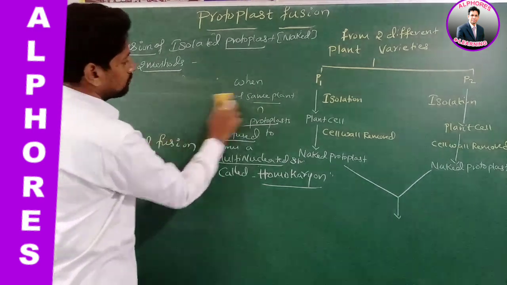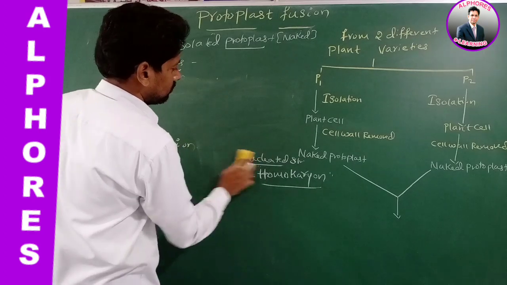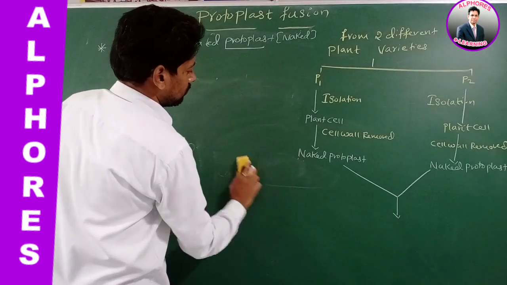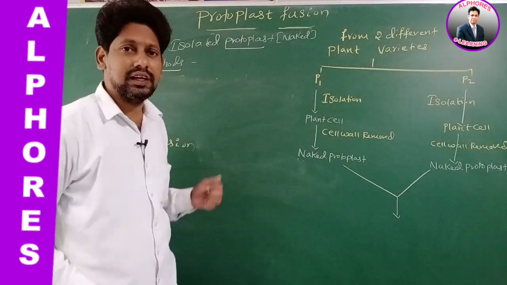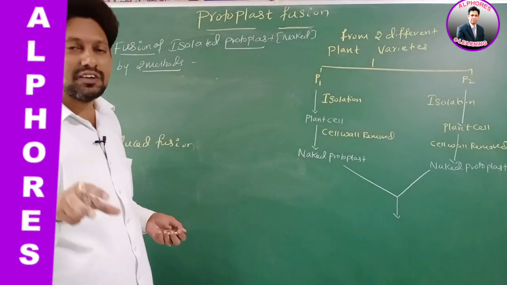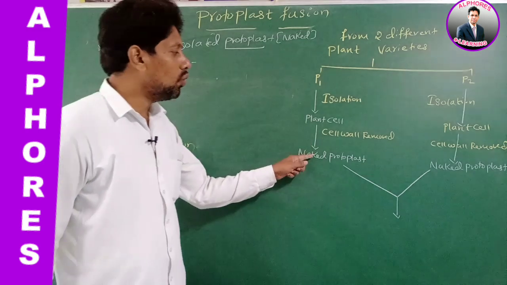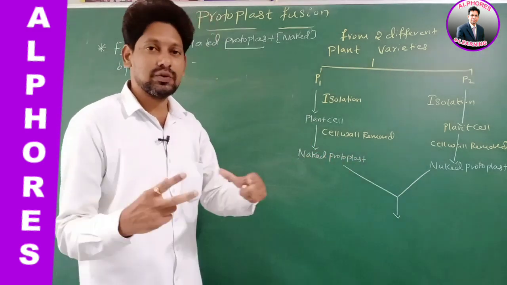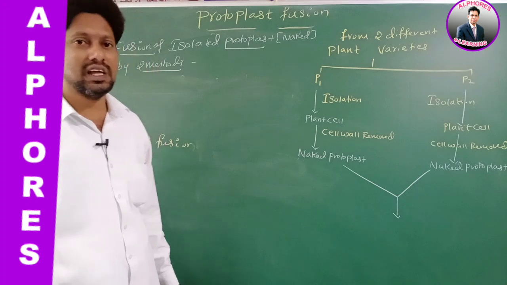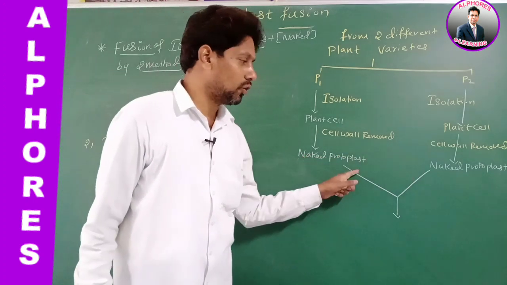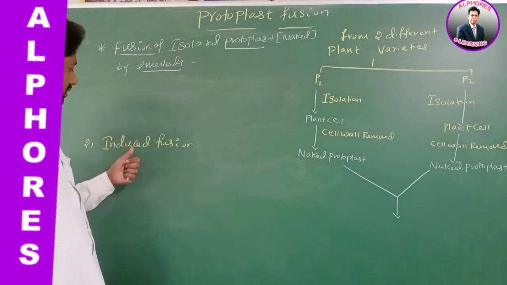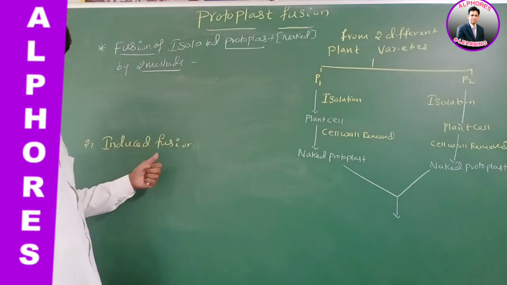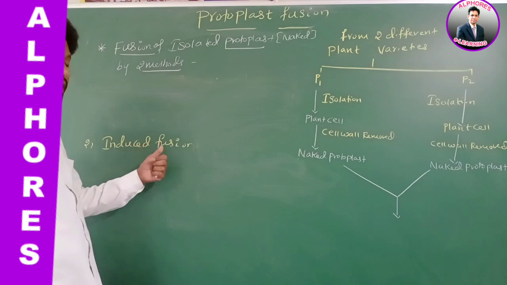Now go for number 2. What is the second one? Induced fusion. What is it? Induced fusion means artificially we are making the two naked protoplasts fuse with one another. How can we carry out this induced fusion?